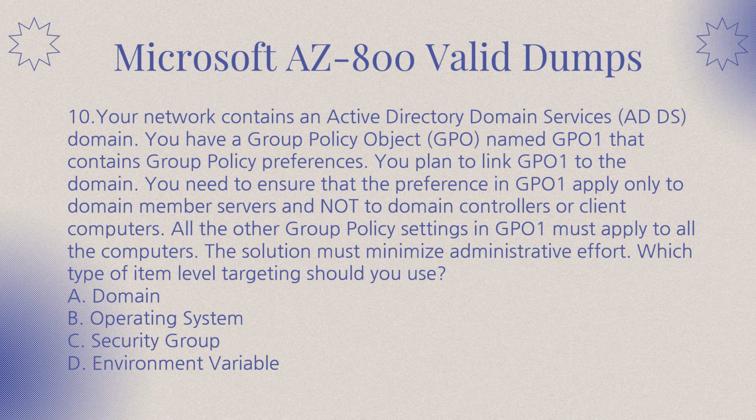All the other Group Policy settings in GPO1 must apply to all the computers. The solution must minimize administrative effort. Which type of item-level targeting should you use? A. Domain. B. Operating System. C. Security Group. D. Environment Variable.